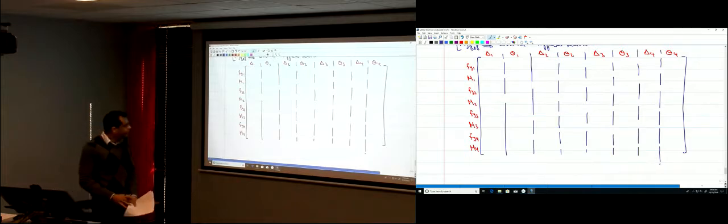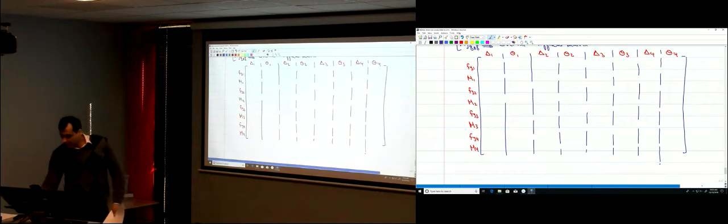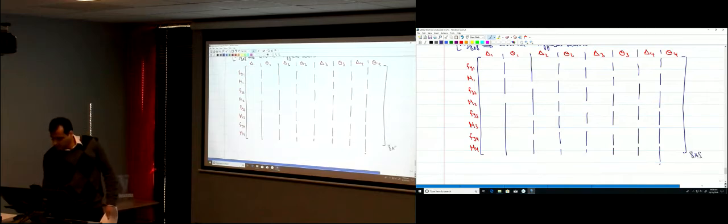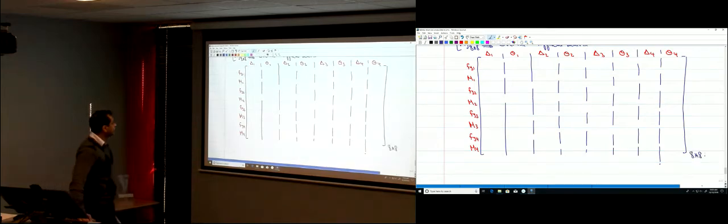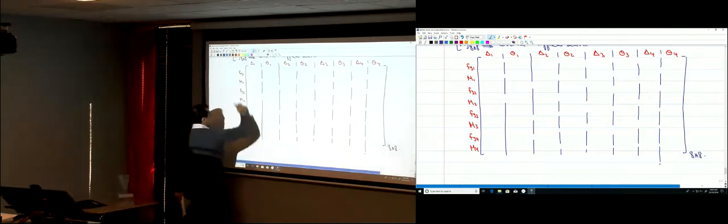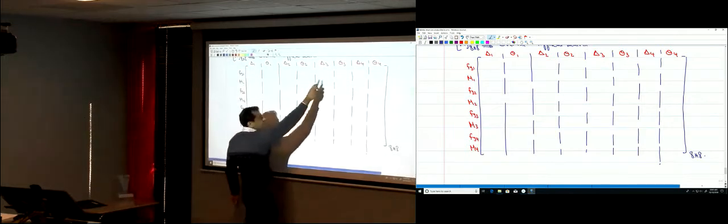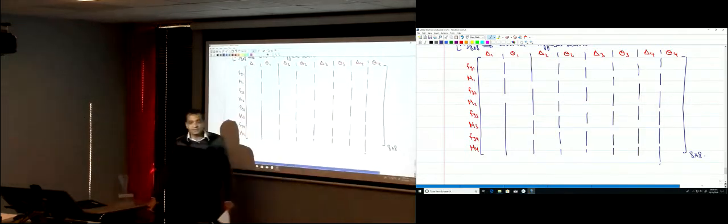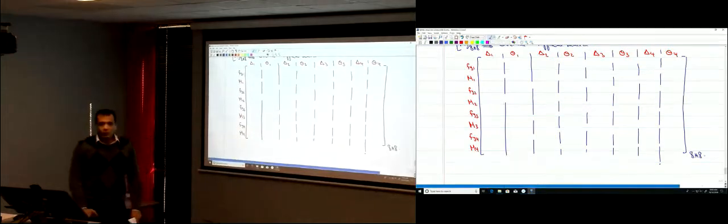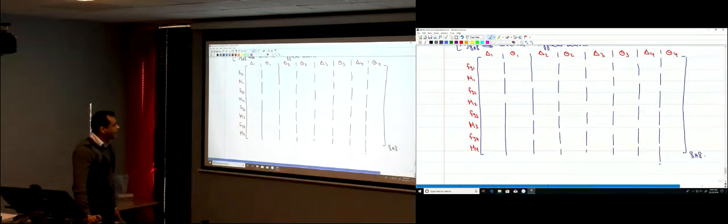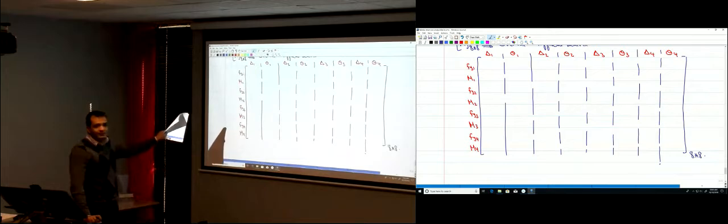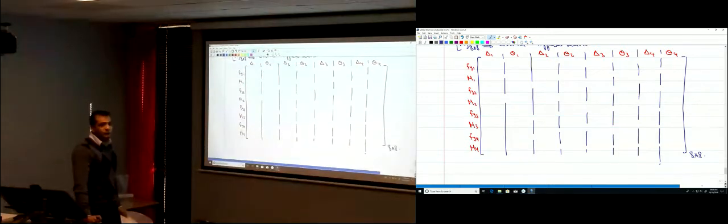So this is my 8 by 8 overall stiffness matrix. It relates those 8 forces to those 8 displacements. It's 8 by 8, so it has 64 elements. Our target now is how to find those 64 elements, how to build this matrix, how to find the numbers there. What numbers do we put here?